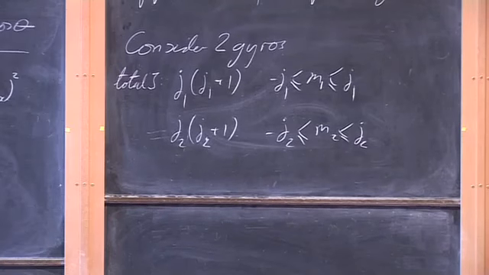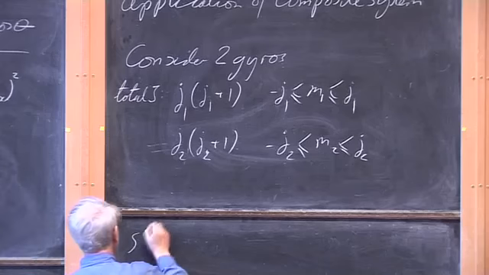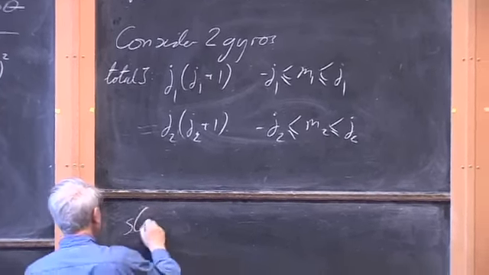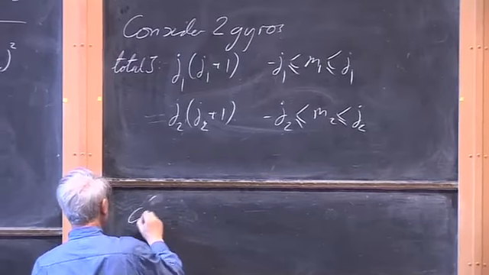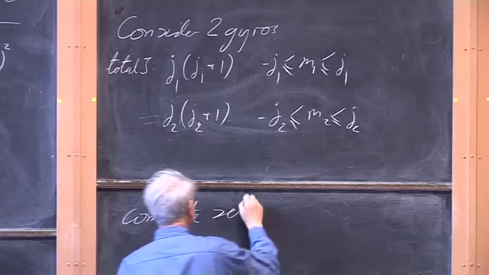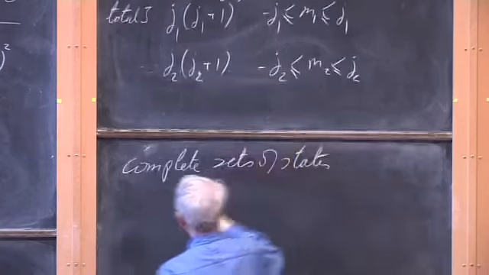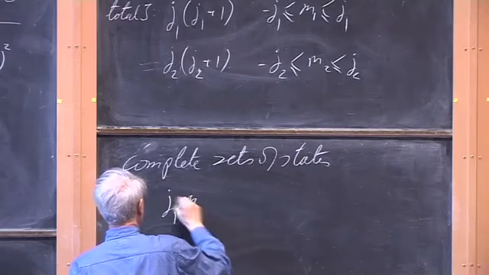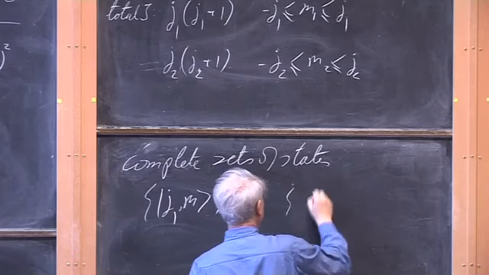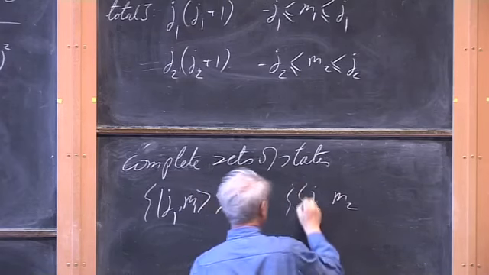Right. But for the moment we're going to address this kind of mathematical problem. We have two complete sets of states. One is J1, M1 (sorry, this should have an M1, shouldn't it?), and there's a family J2, M2.